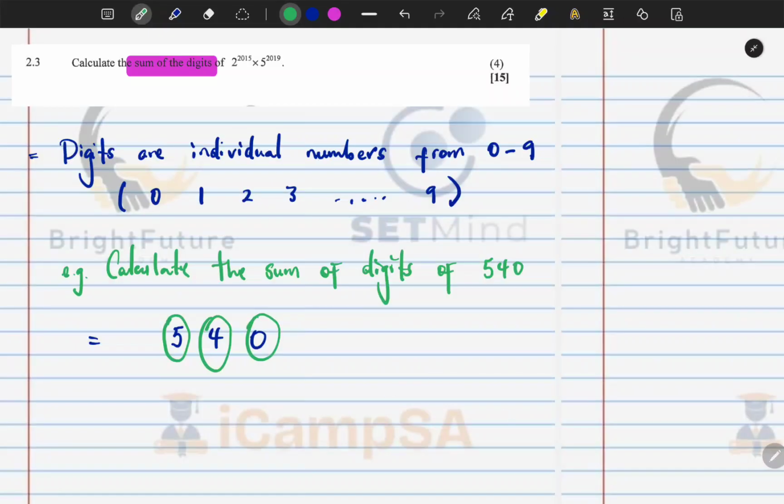So we are going to add the individual numbers, 5, 4, and 0, that make up 540. That gives us the sum of digits of 540, which in simple terms is 5 plus 4 plus 0, which is 9.